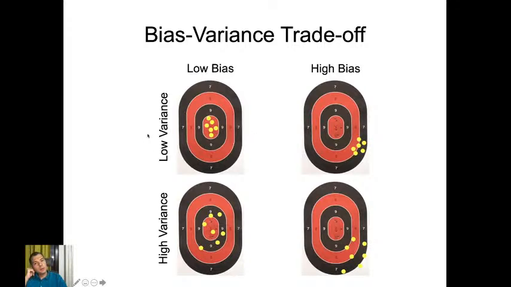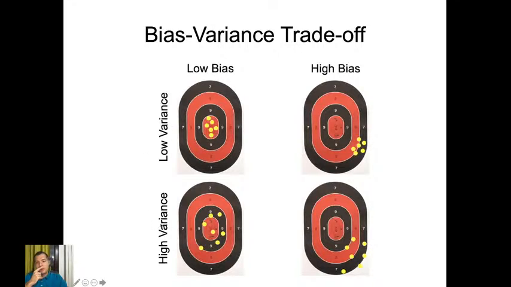If you have low variance and high bias, you're actually pointing in the wrong direction, but most of your estimations are clustered together in the same location. So here you have a high bias, but the variance is not that high.